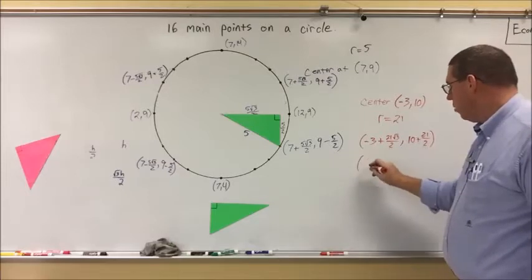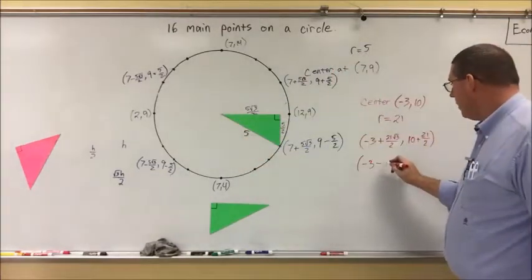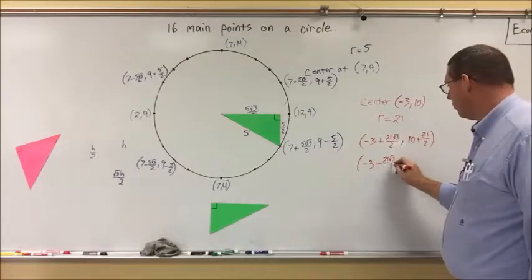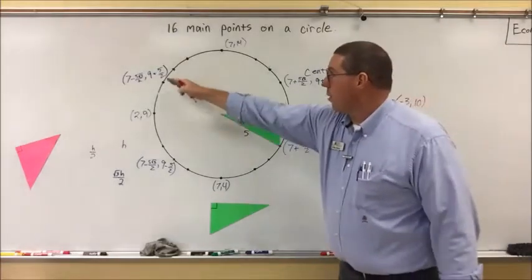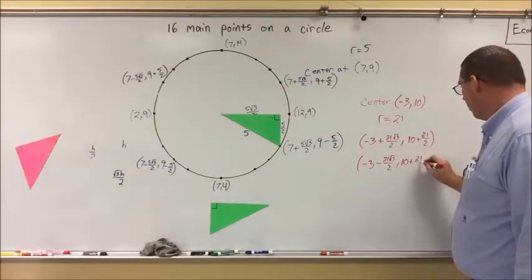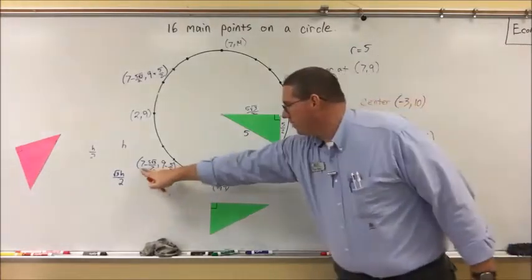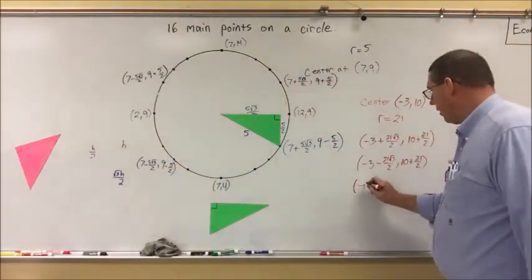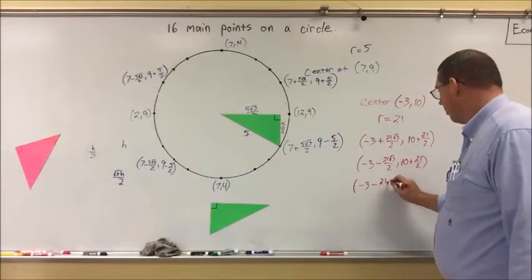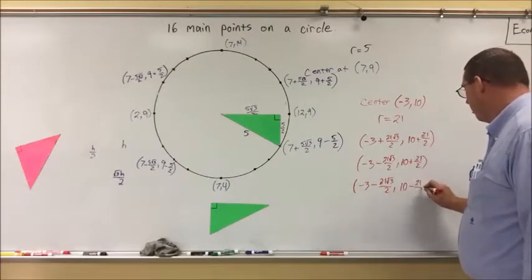The second one will be negative 3 over here. I'm subtracting from the x, minus 21 square root of 3 over 2. And the y-coordinate is going up, so I'm adding. So it's going to be 10 plus 21 over 2. For the third point down here, I'm going to subtract and subtract. So I'm going to do negative 3 minus 21 square root of 3 over 2, comma, 10 minus 21 over 2.